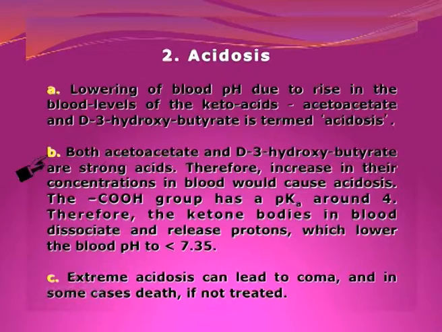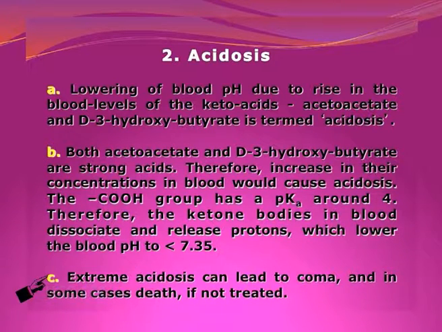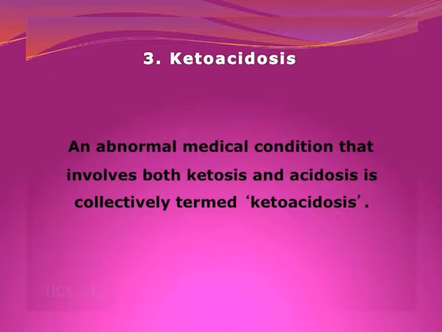So due to this, they can release a lot of protons in our bloodstream, and it may lead to the acidification of the blood. Extreme cases of acidosis may lead to coma, and if left untreated, it may even lead to death. Now, ketoacidosis is a medical condition that combines the two conditions I have already discussed, ketosis and acidosis, taken together.